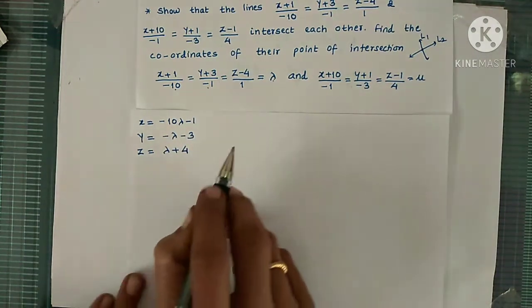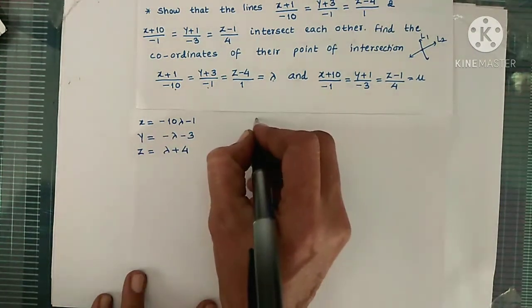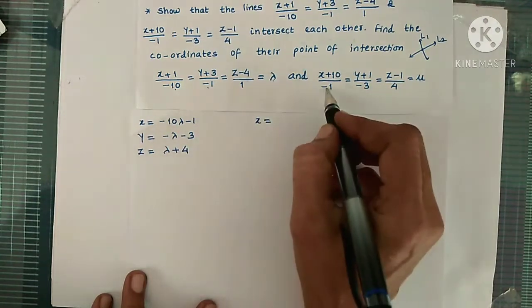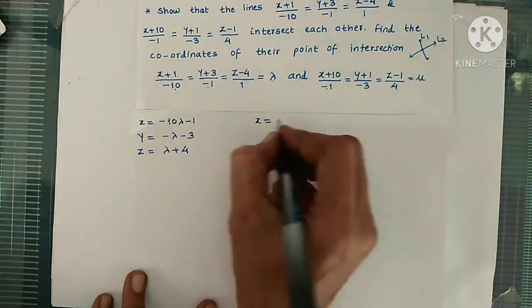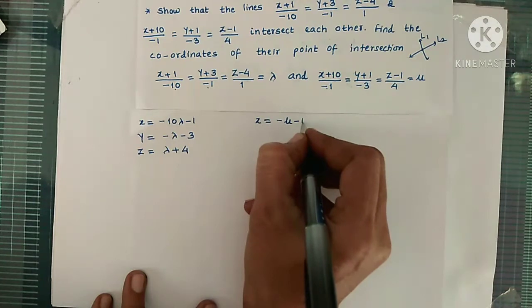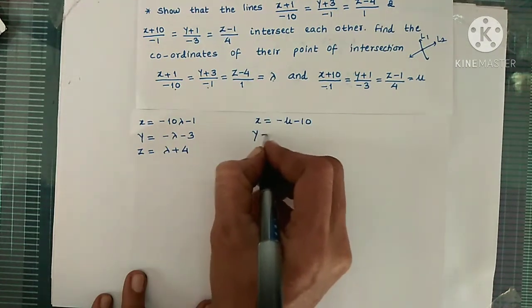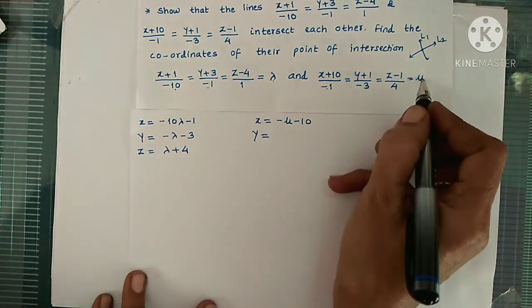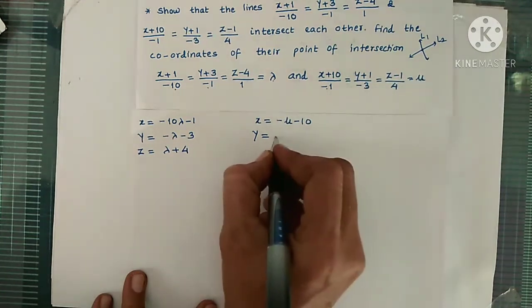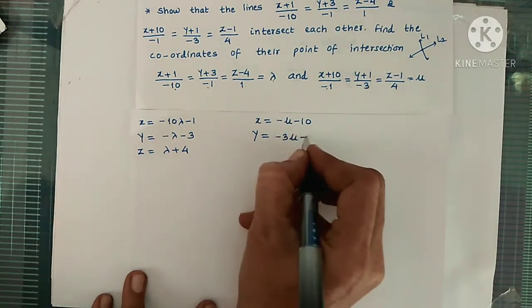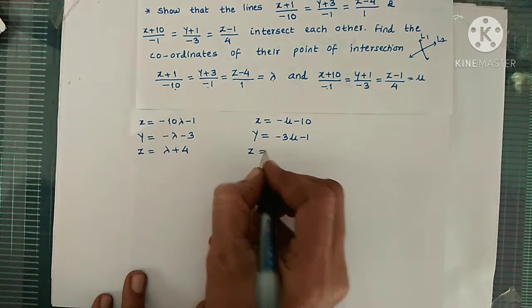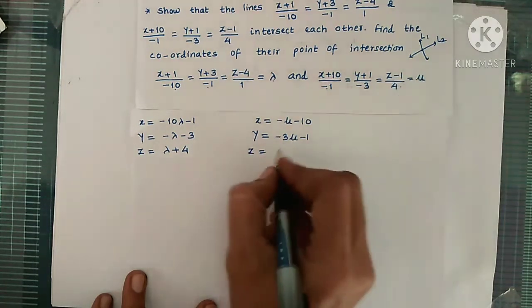Okay. Now for the second line, we have x is equal to minus mu minus 10, y equal to minus 3 mu minus 1, and z equal to 4 mu plus 1.